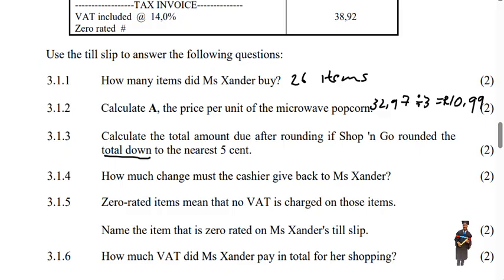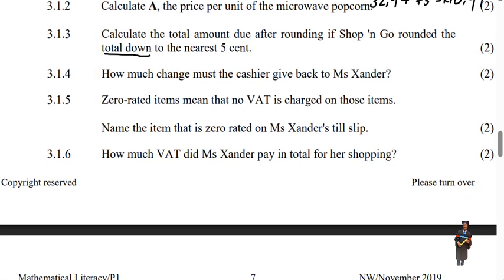So okay, now let's see. If you round down to the nearest 5 cent, it means your cents should follow this pattern. It could be 05, it could be 10, it could be 15, it could be 20, it could be 25, it could be 30.